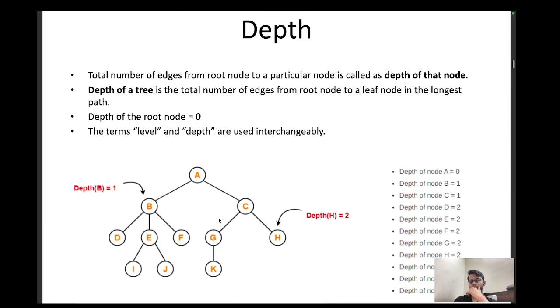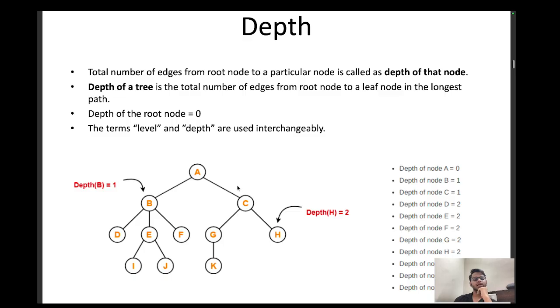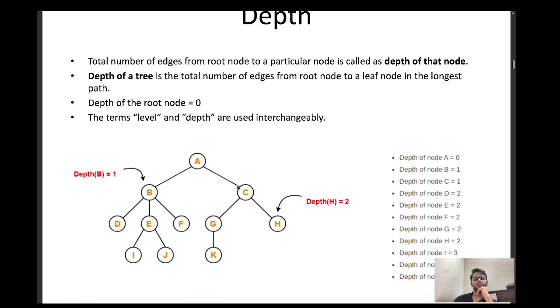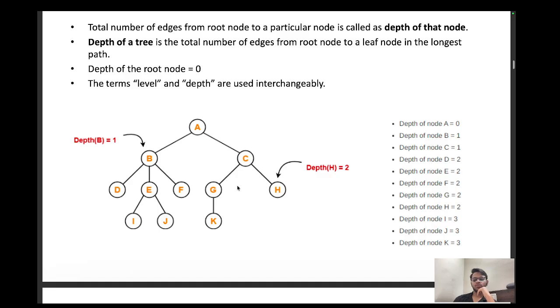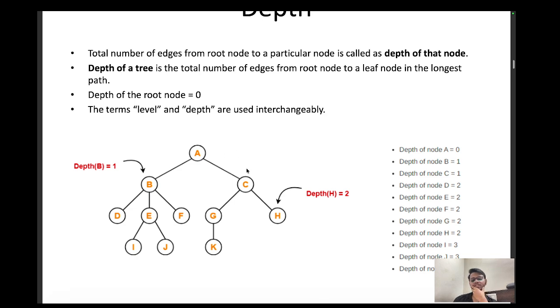So coming forward, we have depth. The total number of edges from the root to a particular node is called the depth of that node. So depth denotes the total number of edges from the root.